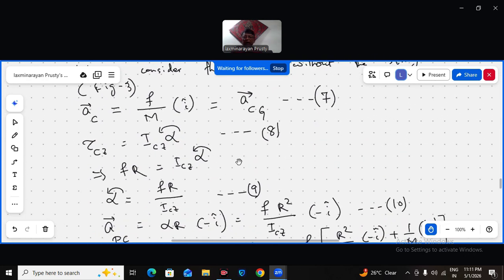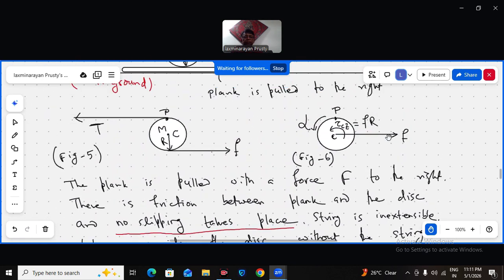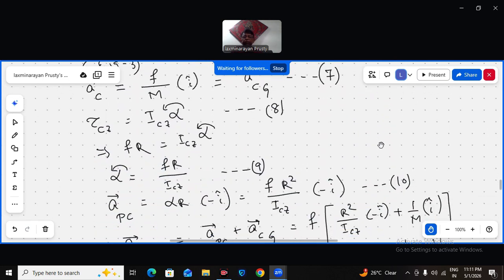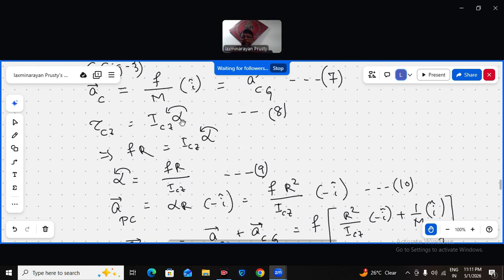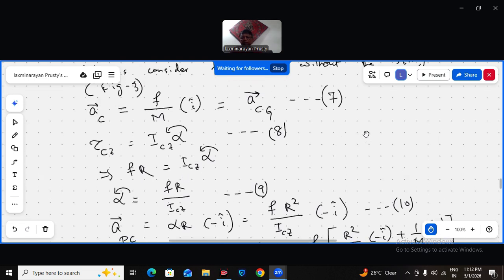And FR, F into R is the torque. Yes or no? That is ICZ alpha. And alpha is FR by ICZ. Torque CZ is ICZ alpha. Torque CZ is F into R in this anti-clockwise manner, that is ICZ into alpha.